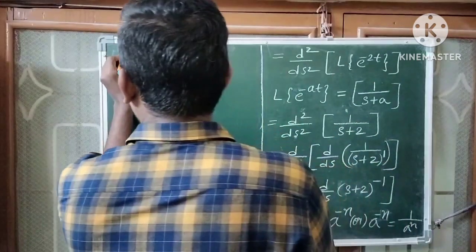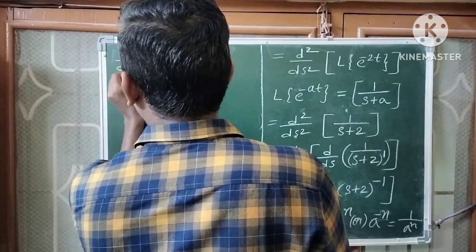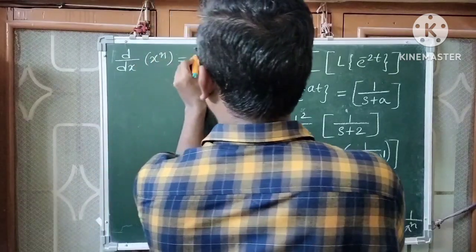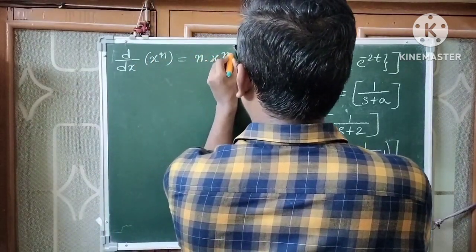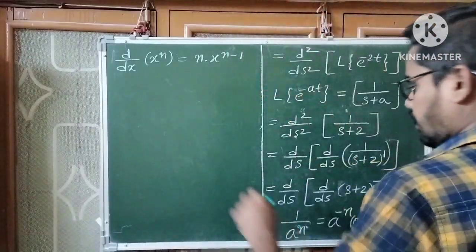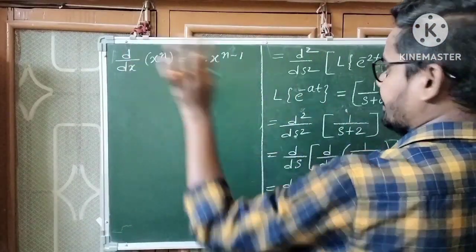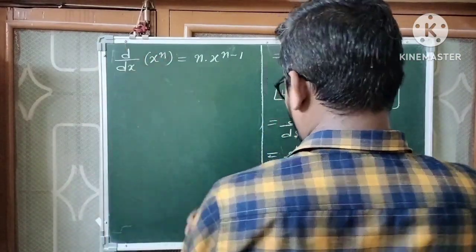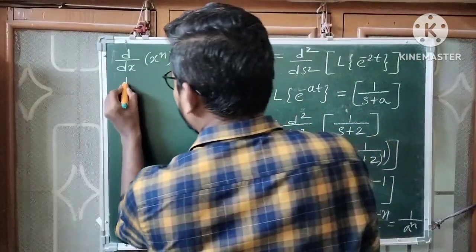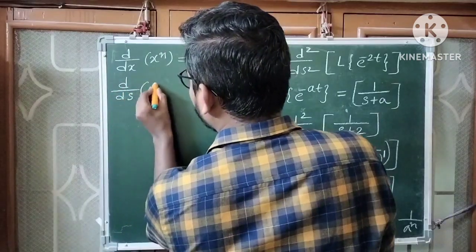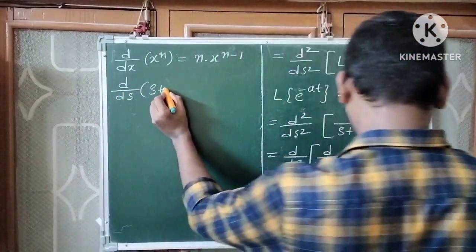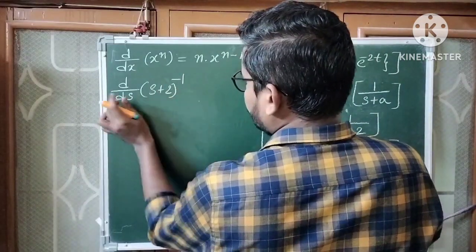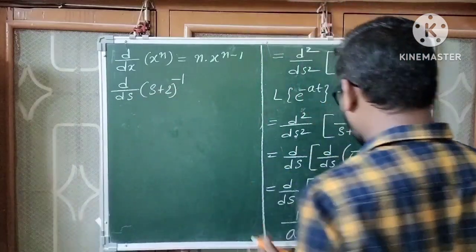See, before that we have a formula in derivatives. d by dx of x power n is equal to n into x power n minus 1. In place of x, put s. So this is like d by ds of s power n, or otherwise, d by ds of s plus 2 whole power minus 1.